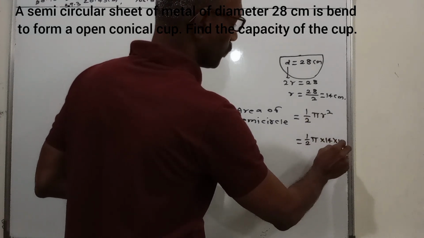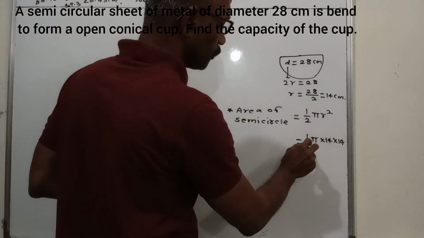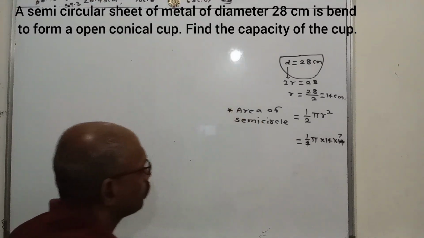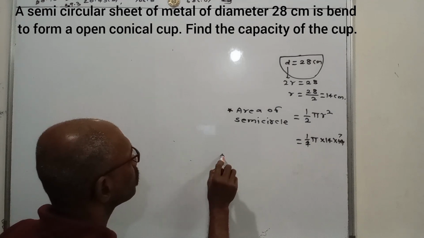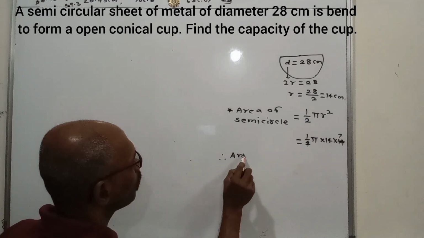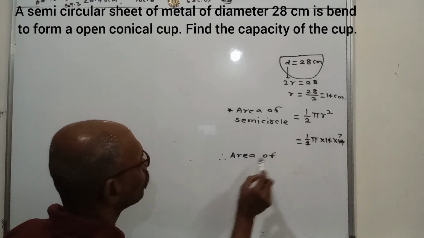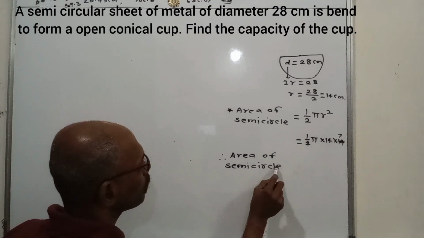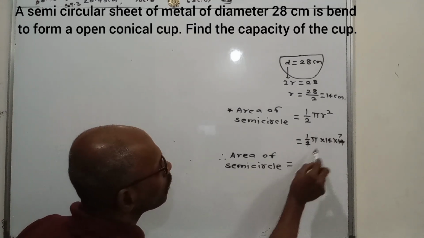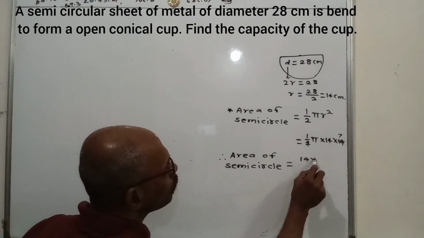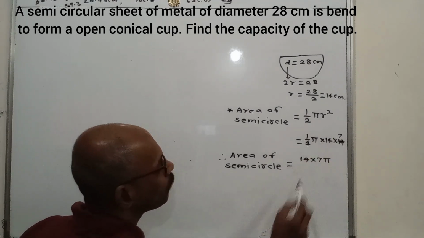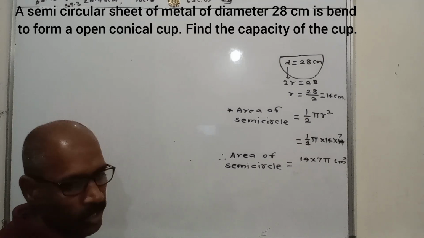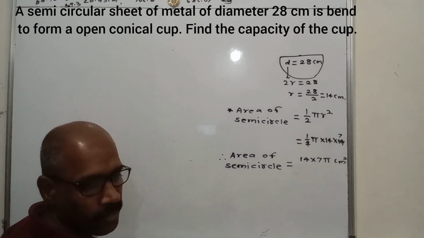R is radius 14, 2 sevens are 14. Don't multiply here, keep as it is. Therefore, area of semicircle is equal to 14 into 7 into pi centimeter square. This is the area of the semicircle.